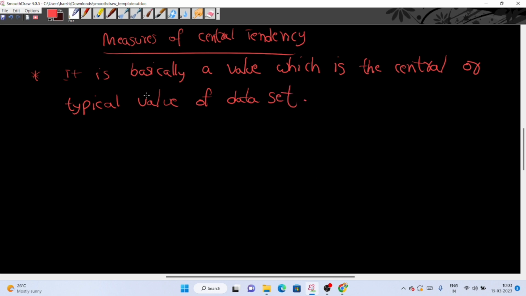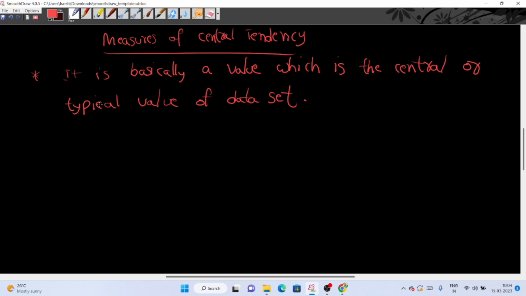So what is measures of central tendency? It is nothing but a value which is the central element, or it may be a typical value of that data set. So in these measures of central tendency, we have majorly three parts.